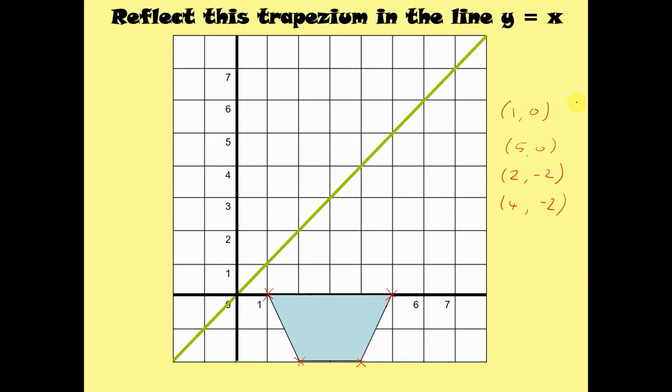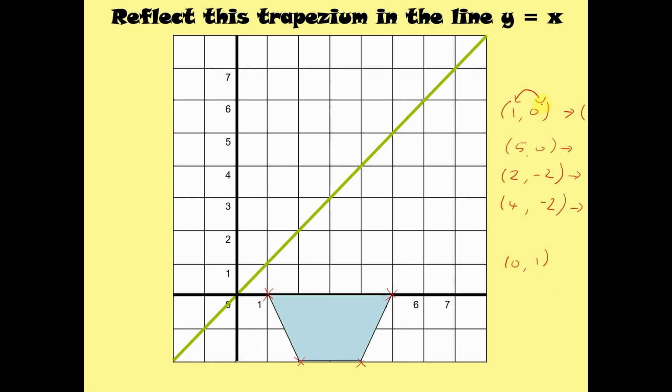What we have to do is change the position of the x and y coordinates. So if this coordinate is 1, 0, now we're going to write 0, 1.